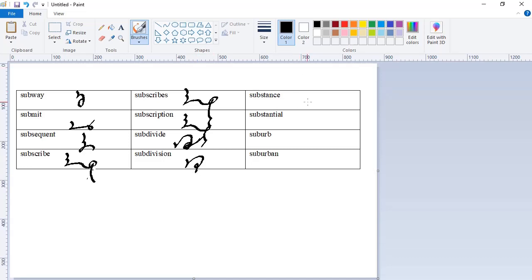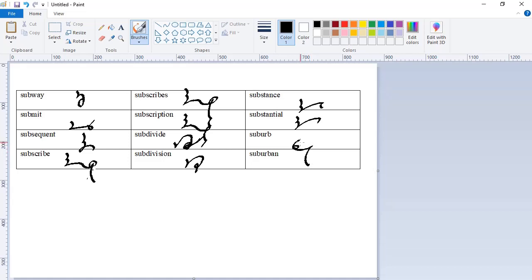Next, we have substance. Substance. Next, substantial. So we have substantial, which is represented by your ISH stroke. Next, suburb. So we have suburb.